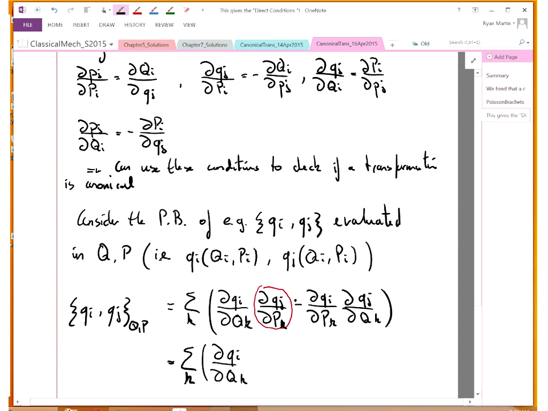Let me write out the first term. So I have the partial of lowercase qi by capital Qk. The red term is a lowercase q over a capital P. So a lowercase q over capital P is this one, right?